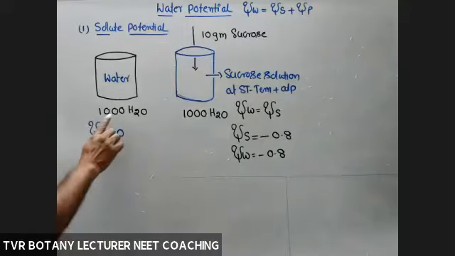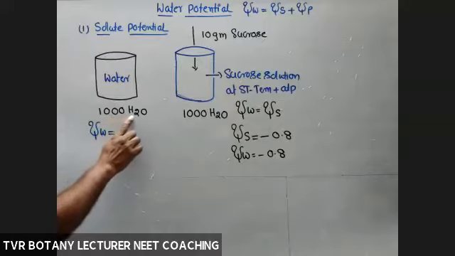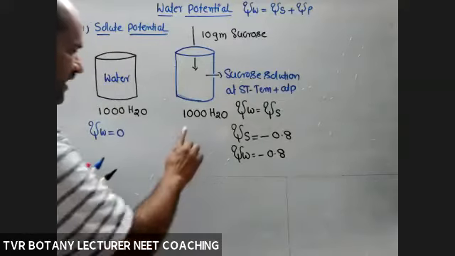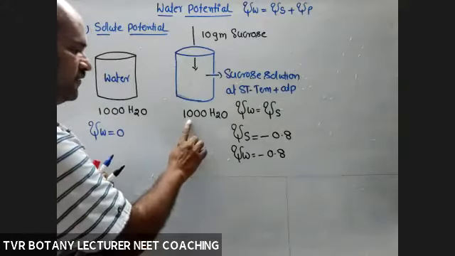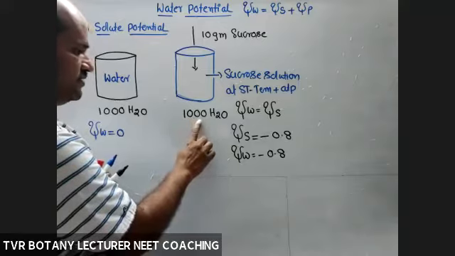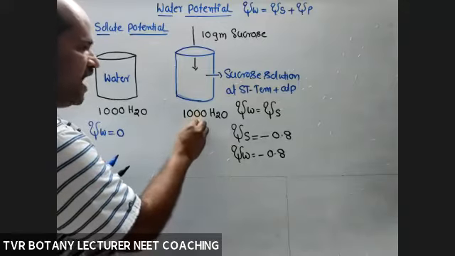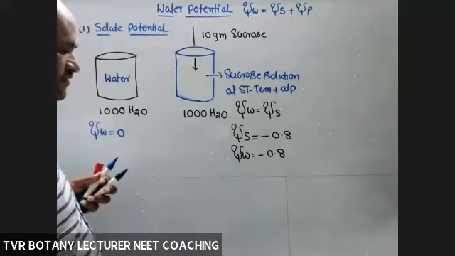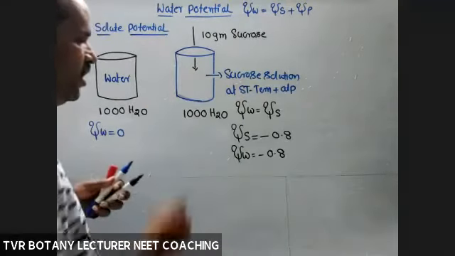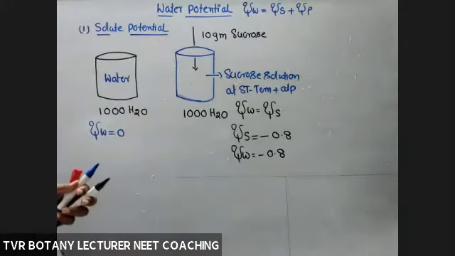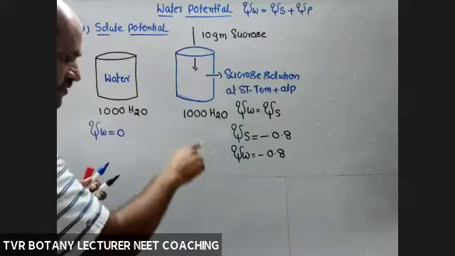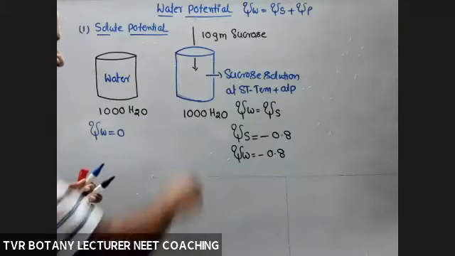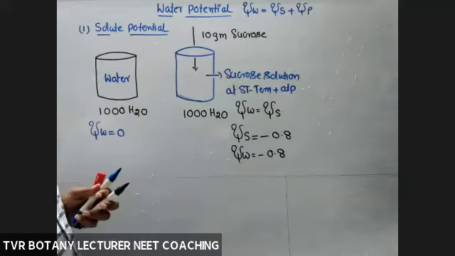Before, 1000 H2O molecules were present, all free. In this case, out of 1000 H2O molecules, some are busy with the solute molecules. So what about the total number of free water molecules? Reduced. Free energy reduced.